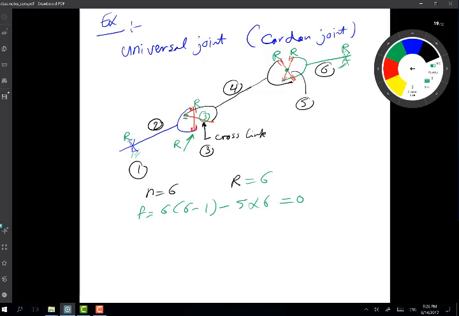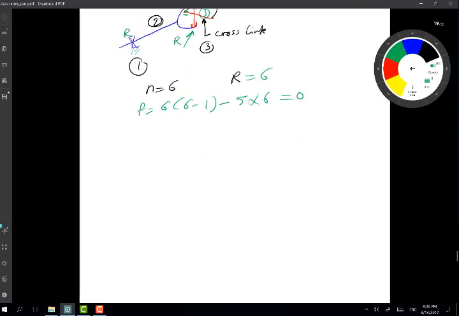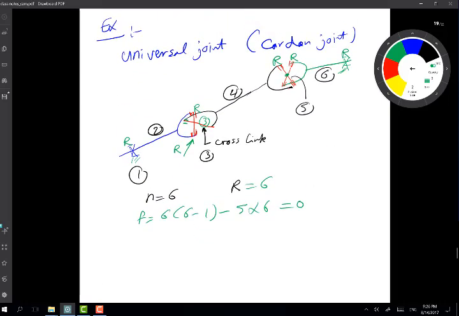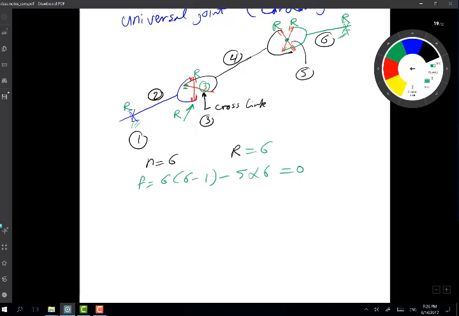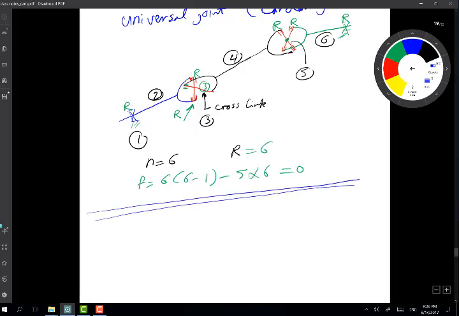But this is not the purpose for which the cardan or universal joint is built. In fact, it is built to provide flexibility. So the shafts don't have to be aligned or anything like that. They can be skewed, right? So the actual design of the joint is not what I gave you here in this example.